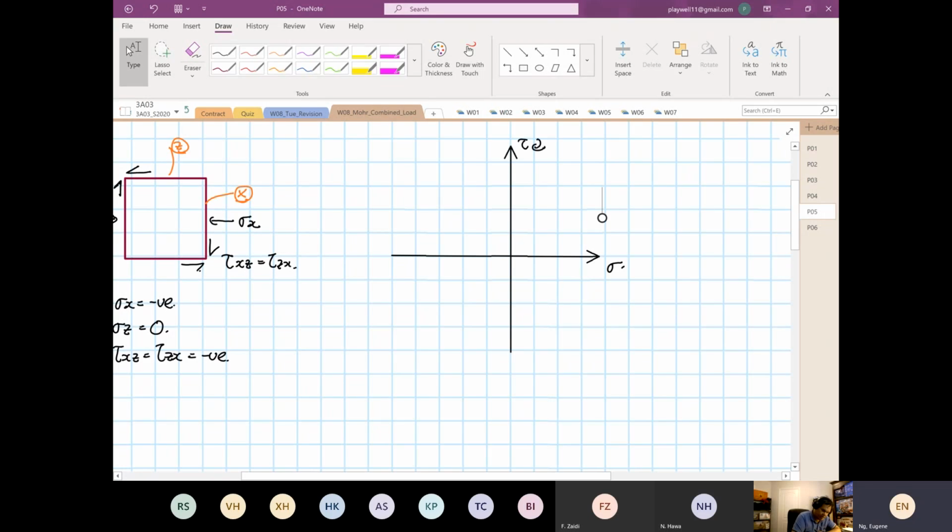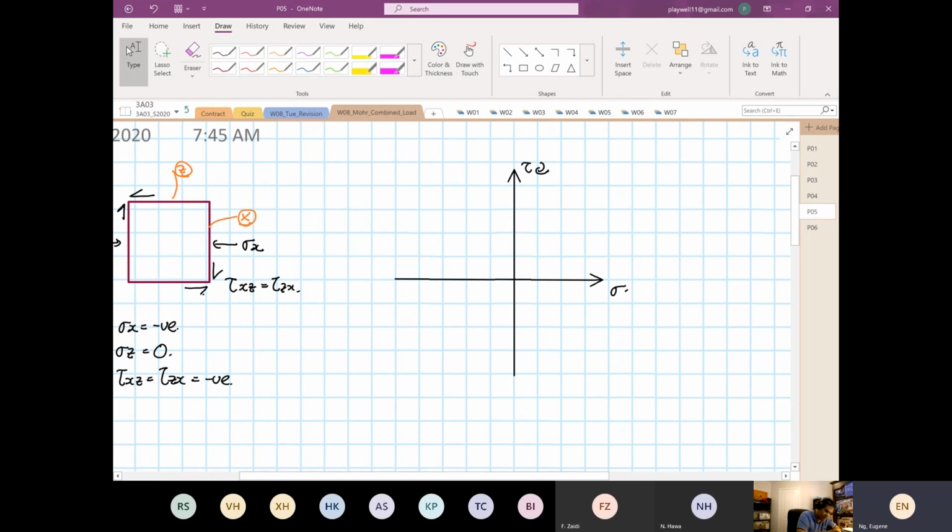Then you have 2 points. Okay, so we know that stress Z line is over there. And then this is our stress X line, right? And then the shear. So this is our shear.